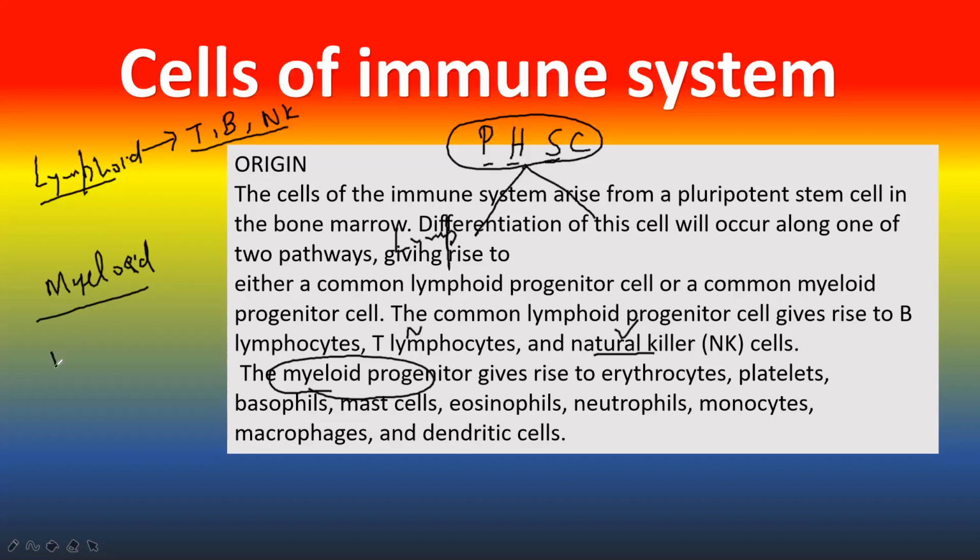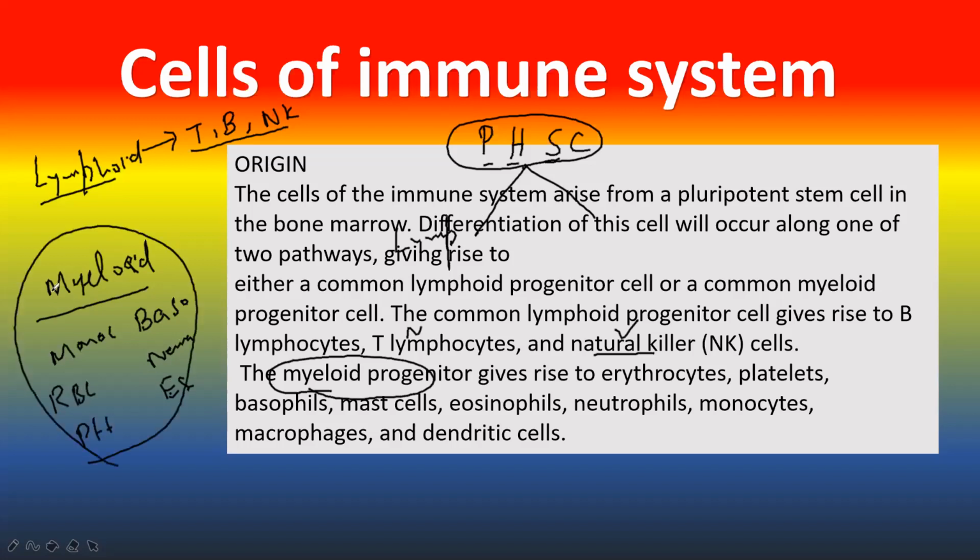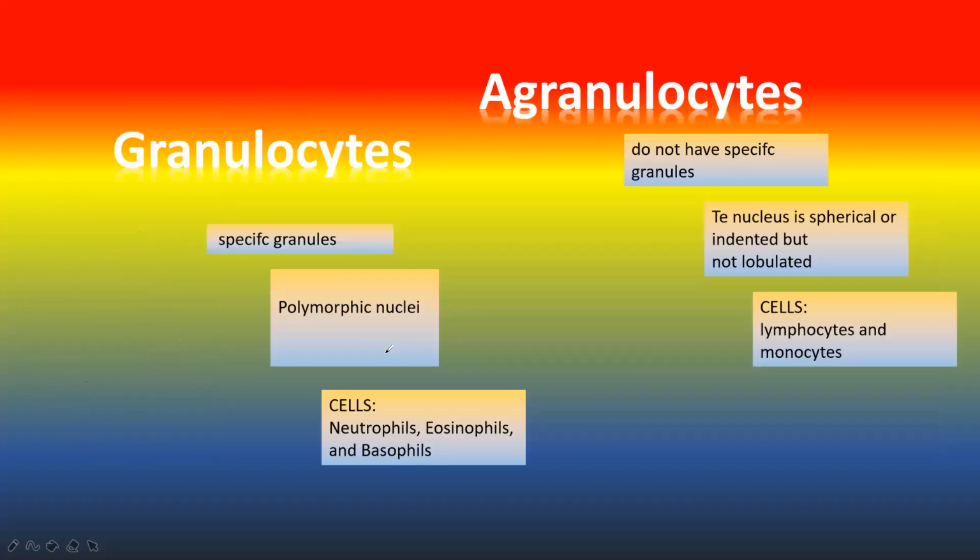The myeloid line forms monocytes, basophils, neutrophils, eosinophils, red blood cells and platelets. Understand? This is about their origin. Everything about T cells and B cells is done.